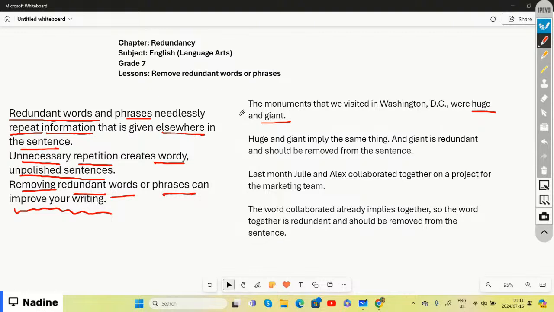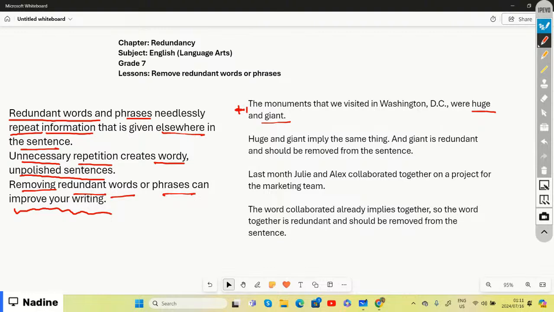So when it comes to this specific sentence, huge and giant are basically the same thing. It's a synonym, because it has a similar meaning. If we were to find the antonym of either one of those words, we would say small or little.